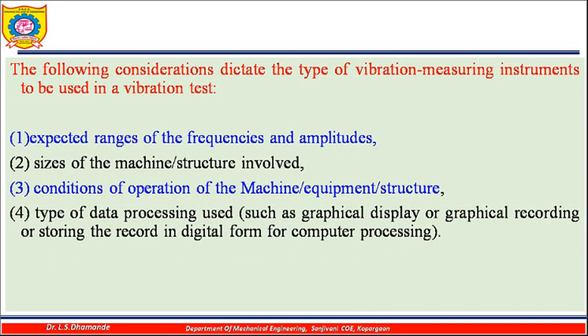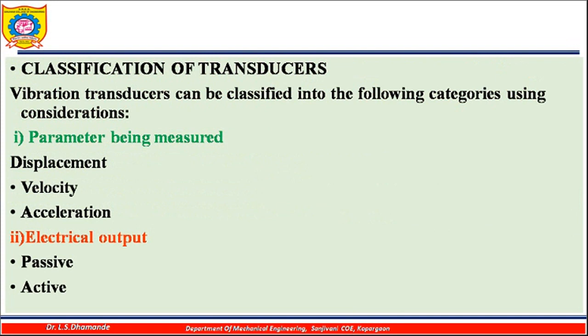Now let us classify these transducers once again. Basically, vibration transducers can be classified into the following categories. First, depending upon the parameters, which we already discussed: whether the parameter is displacement, velocity or acceleration, accordingly there are types of transducers.